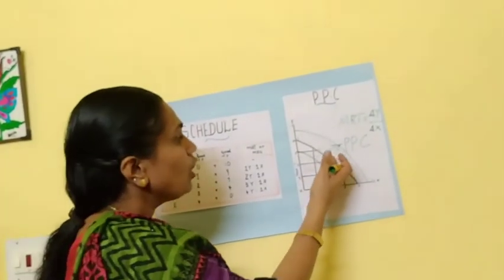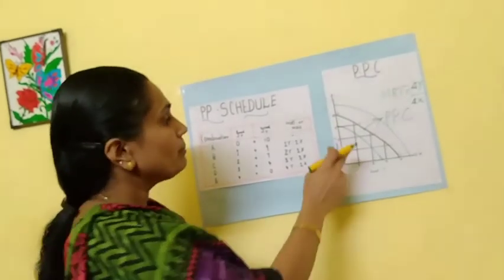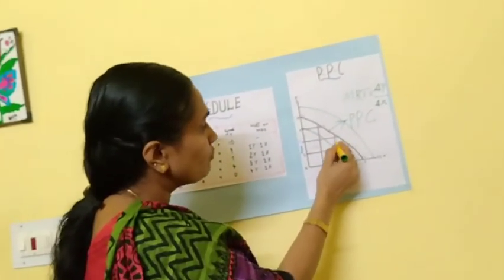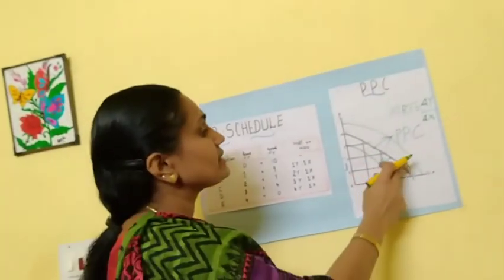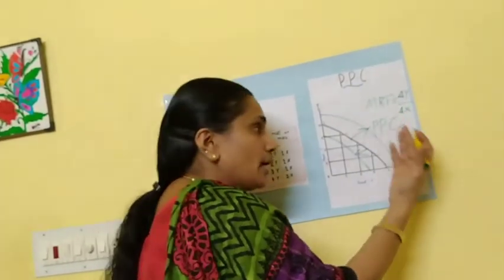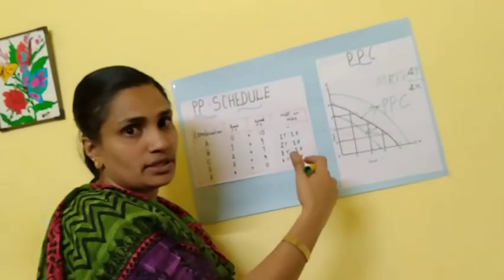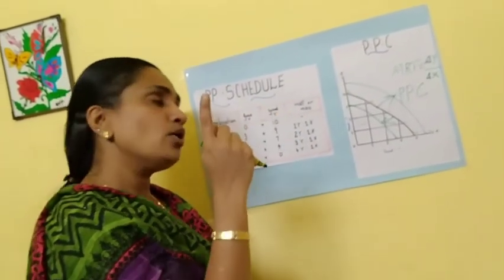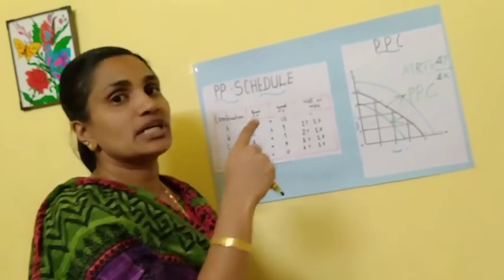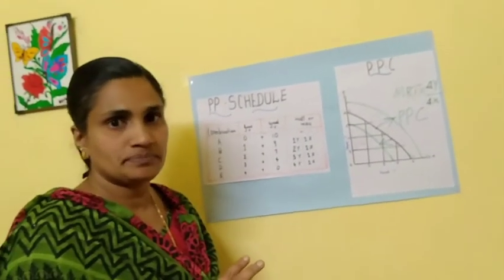If there is no such advanced technology, production will decrease, so PPC will shift downward or leftward. So two chances are there: PPC will shift upward or rightward, or PPC will come downward or leftward. Two reasons behind that. One is an increase or decrease in resources. The second one is a change in technology.